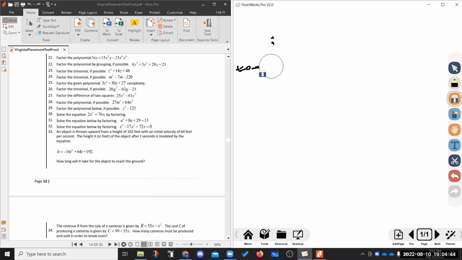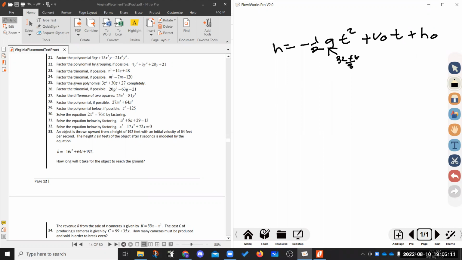They give you the physics equation there. I'm just going to write it out here: h is equal to negative 1/2 g t squared plus v naught t plus h naught, where g is the acceleration due to gravity. In this case, since we're talking about feet per second, this is going to be 32 feet per second squared.